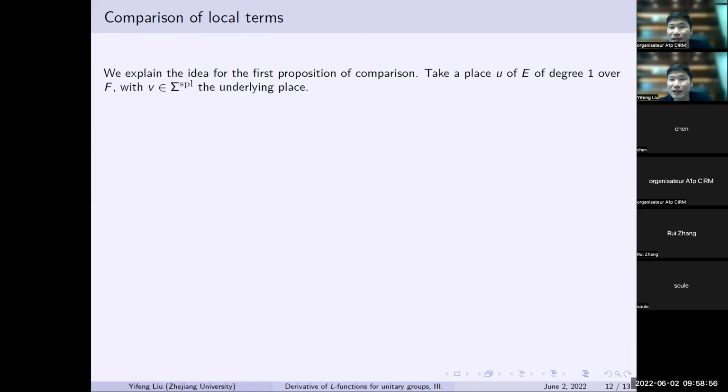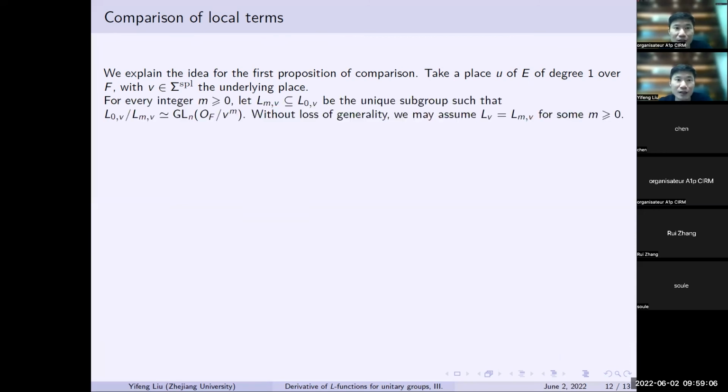So we explain the idea for the first proposition of comparison. Now we take a place u of E of degree 1 over F, and we write v as the underlying place, that is in sigma split. And for every integer m, we denote by L_m^v the unique subgroup of L_0^v, where L_0^v is the hyperspecial maximal subgroup we have fixed using that lattice lambda, if you remember, such that the quotient is GL_n(O_F mod v^m).